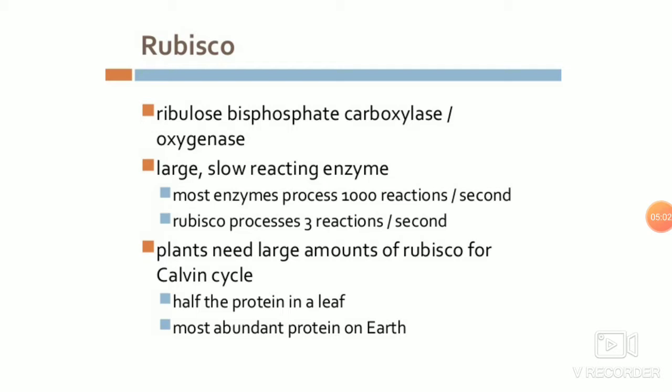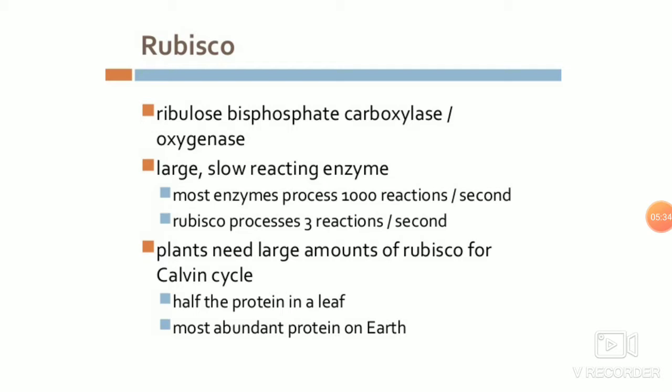If you take the normal kinetics of an enzyme like hexokinase or any other enzyme, the rate of reaction will be very high, but ribulose bisphosphate carboxylase is a slow enzyme, that is 3 reactions per second. That is, 3 molecules are added to 3 different molecules of ribulose 1,5-bisphosphate, and then the reaction continues.